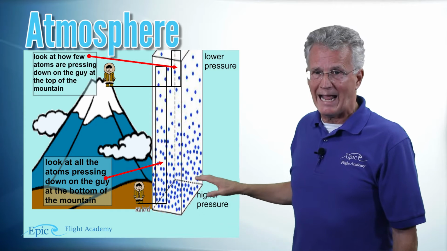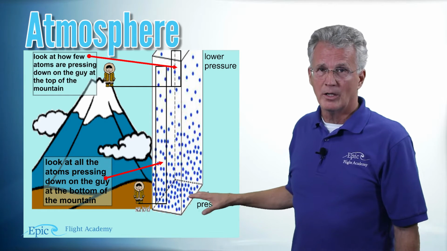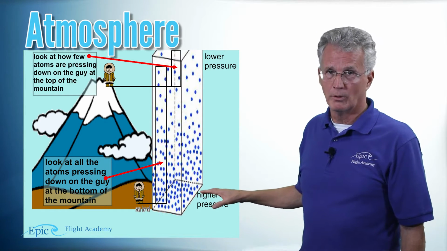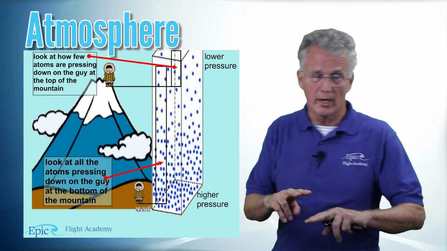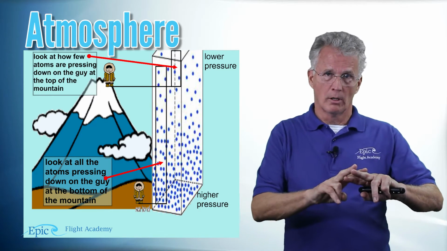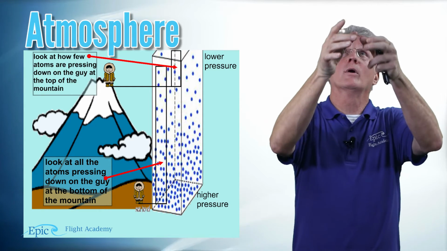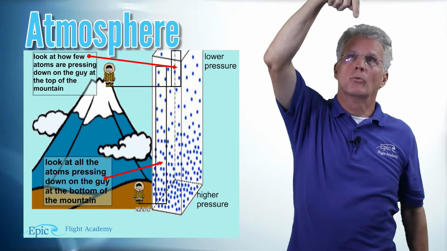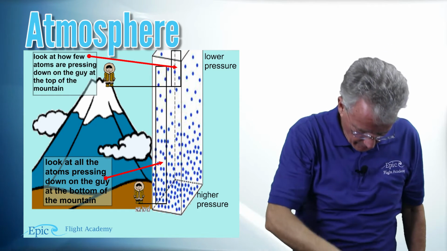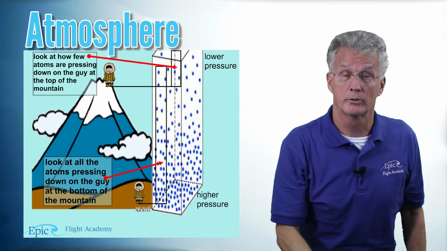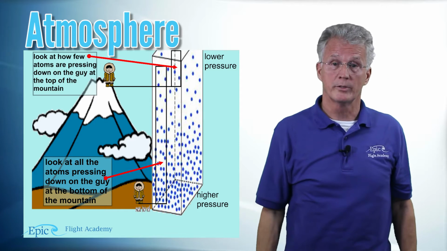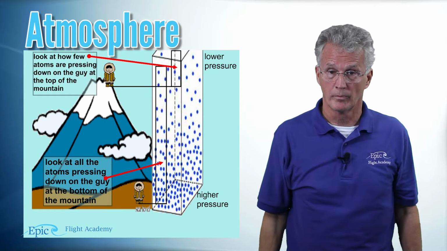The pressure at the surface, if we were to measure 1 square inch of surface and took it all the way up in the atmosphere, the weight of all of that air on that single square inch would be 14.7 pounds.